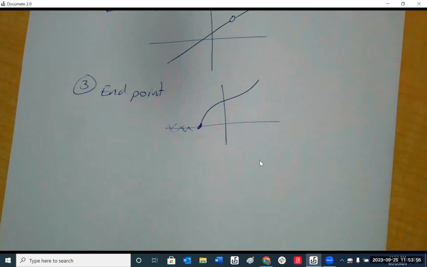Anything else? Jump discontinuity, removable discontinuity, and endpoint. Those are pretty much the big ones.